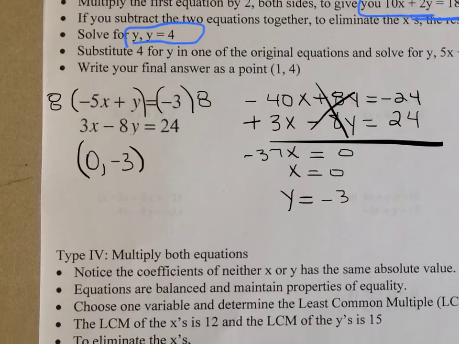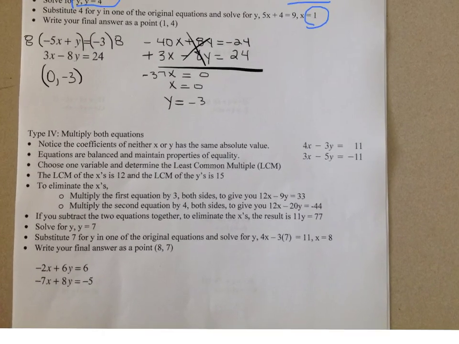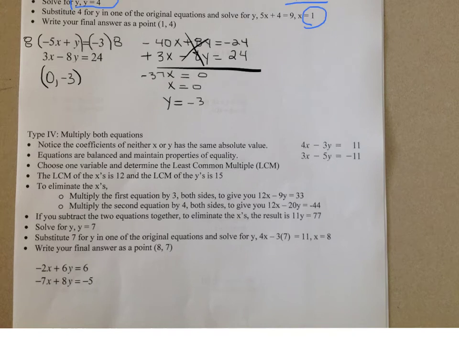Okay, let's go ahead and look at when you have to multiply both equations. Sometimes your equations don't have coefficients that are the same. So what you have to do is find the least common multiple of one of your x's or y's and then multiply them by the number that gives them the least common multiple to get similar x or y values, and that's what's been done here.